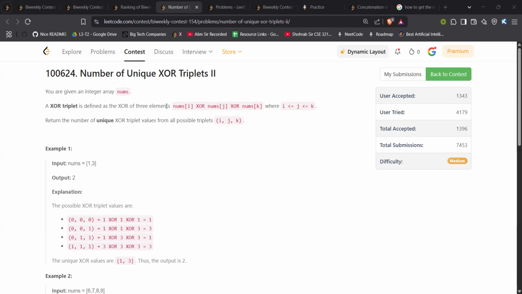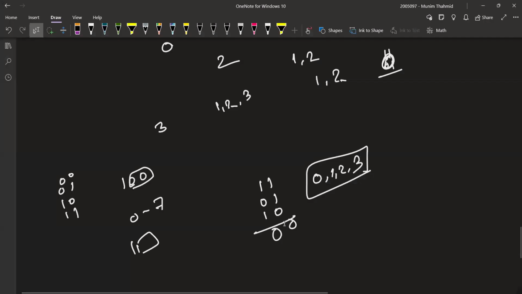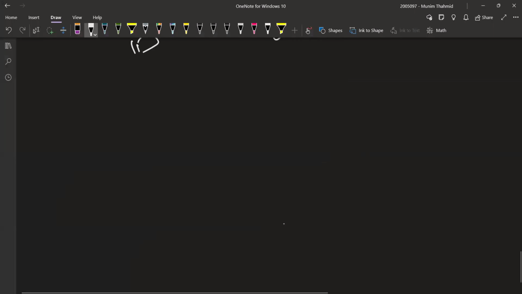First of all, we need to figure out the maximum number of digits any number has in binary form. So for example, if we have permutations like 5, 7, 15, 12, I will be like, okay, who is the maximum? Let's say, for example, not 15.